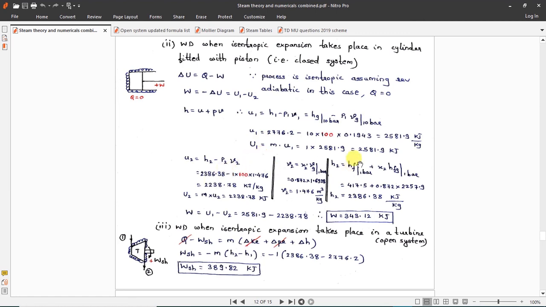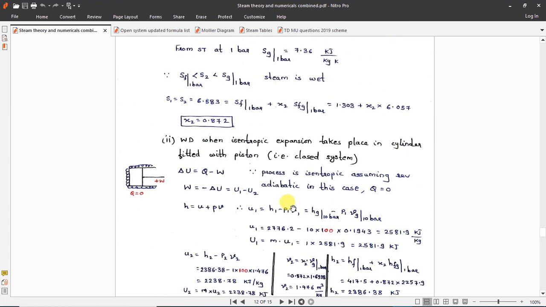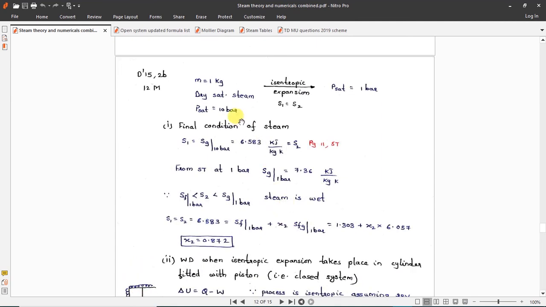We have calculated it over here. Read the value from the steam table, 2776.2. So from here you will get shaft work as 389.82 kilojoule.